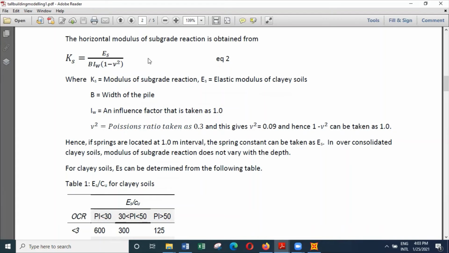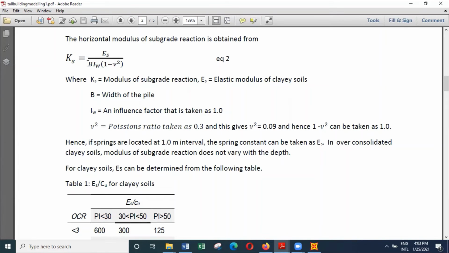So the area represented by the spring is the width of the pile multiplied by the spacing of the springs. So if you are going to have a spring every 1 meter, then Ks will be Es over B times Iw times (1 minus nu squared), multiplied by B times 1 meter. Then you will find Ks is equal to Es. The reason is this Iw, the influencing factor, is taken as 1, and the value of nu is 0.3, and 0.3 squared is 0.09, 1 minus 0.09 is 0.9.